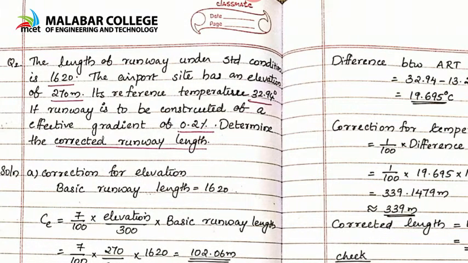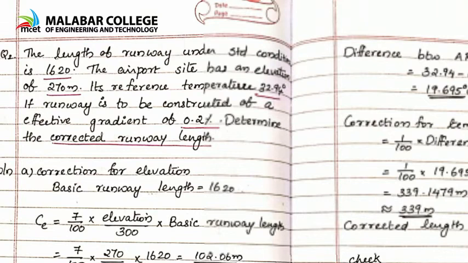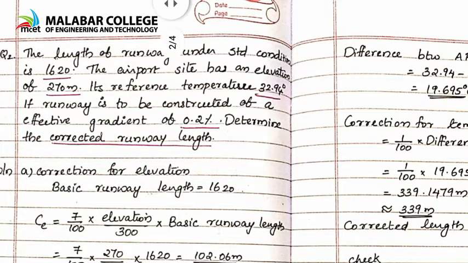The length of runway under standard condition is 1620. The airport site has an elevation of 270 meter. Its reference temperature is 32.94 degrees. If the runway is to be constructed at an effective gradient of 0.2%, determine the corrected runway length.